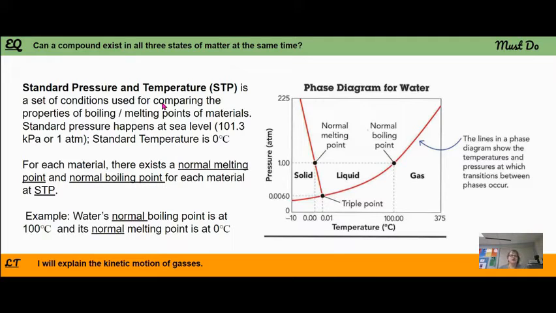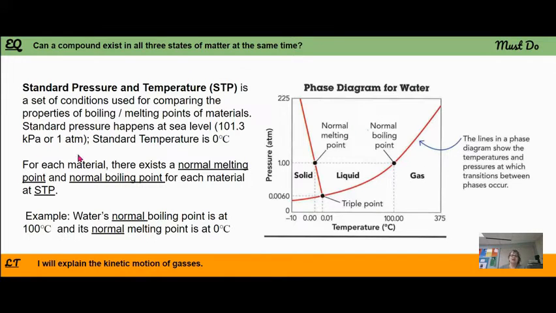Okay, so the first thing you need to understand is what is standard pressure and temperature. We call it STP. And so basically it's a set of conditions that are used for comparing the properties of boiling and melting points. Standard pressure happens at sea level. So what that means is it's either at 101.3 kilopascals or it's 1 atmosphere.